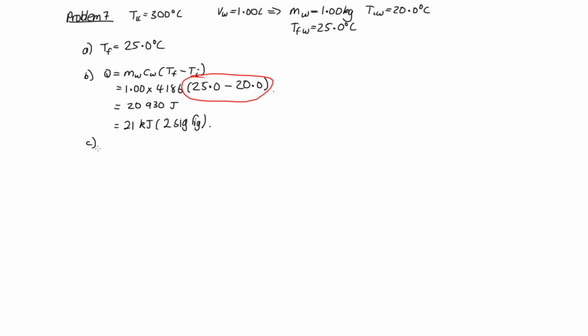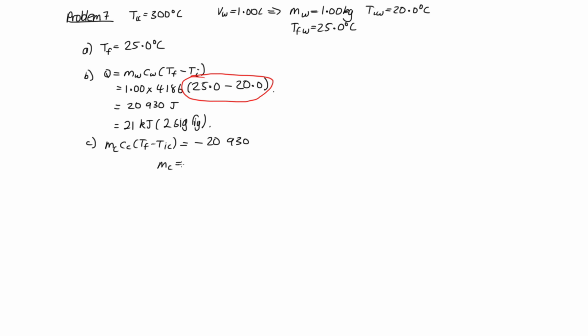Now part C says, what is the mass of the copper block? Okay, so we know that this heat which the water absorbs comes from the copper block. So the mass of the copper times the heat capacity of the copper times the final temperature minus the initial temperature of the copper is equal to minus 20,930. We're trying to work out the mass of the copper.